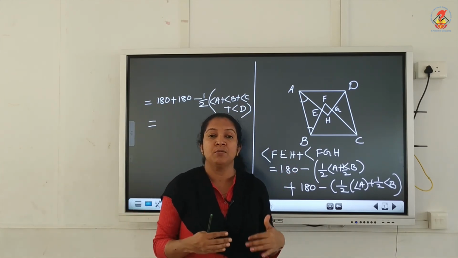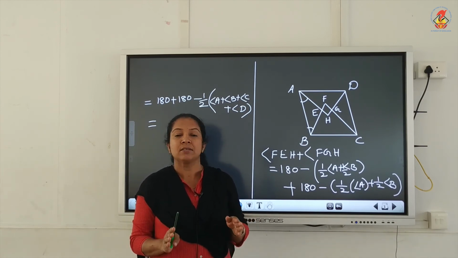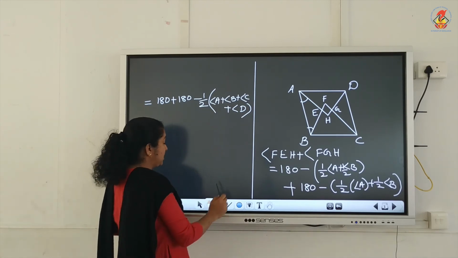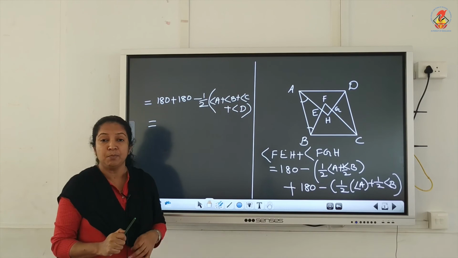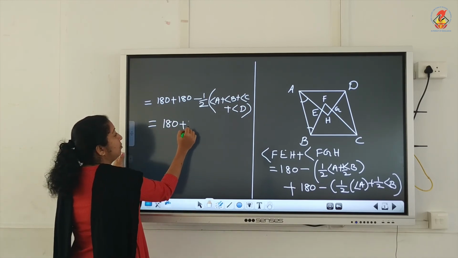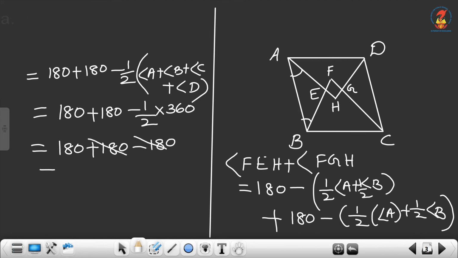So what about the angle sum property? The sum of all the angles is 360 degrees. So we replace angle A plus angle B plus angle C plus angle D by 360. We get 180 plus 180 minus half of 360. What is half of 360? 180 itself. So we can cancel these two, remaining 180 degrees.